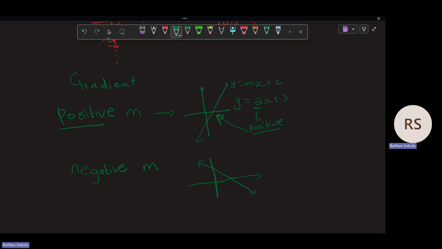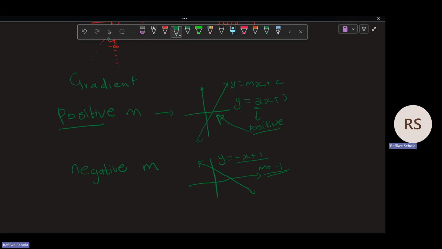So that means we have y equals negative x plus 1, something like this. Our gradient in this case is negative 1, so it is negative. This is how you will see that your graph has a negative gradient.